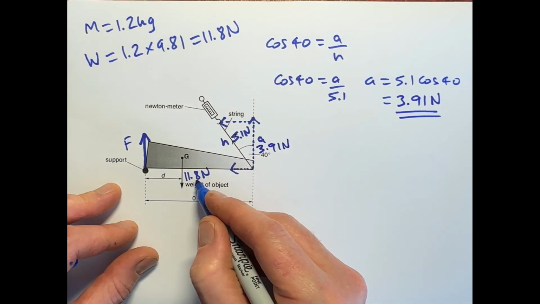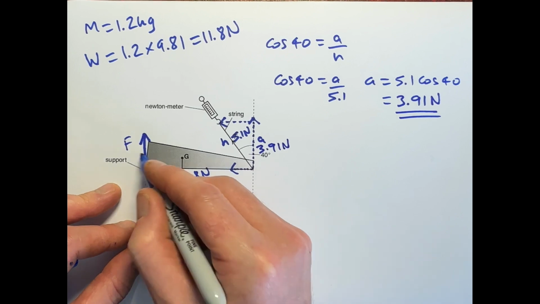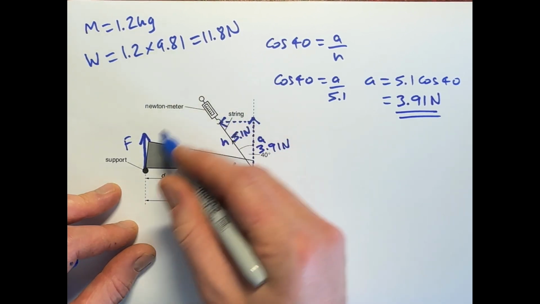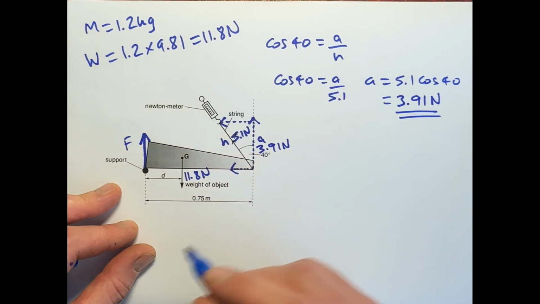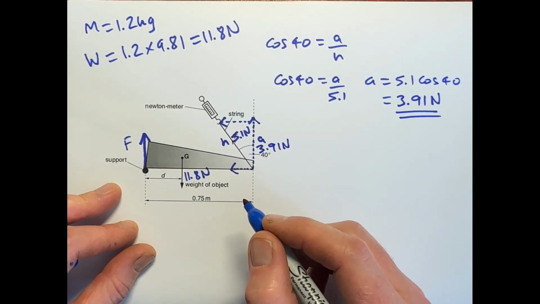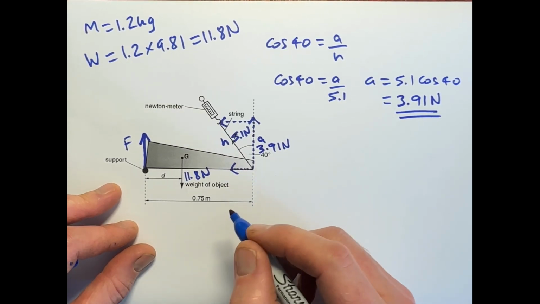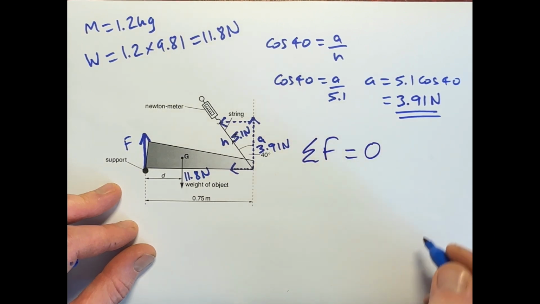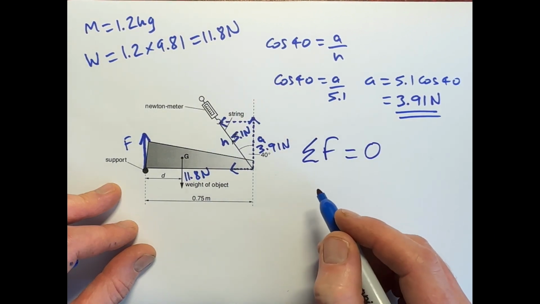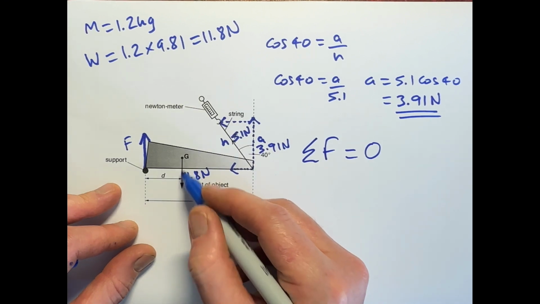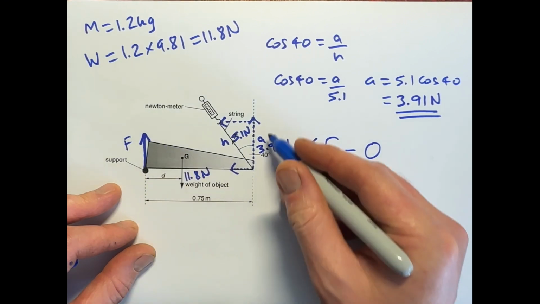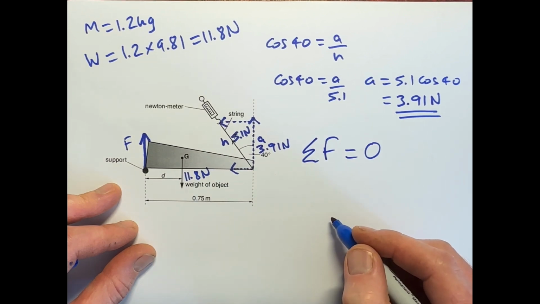We know this force here is 11.8 newtons. So what's this force? Well, if this situation is static, if it's in equilibrium, then there must be no resultant force on it. So the sum of the forces must equal 0. If 11.8 newtons is acting downwards, there must be an equal and opposite force acting upwards.